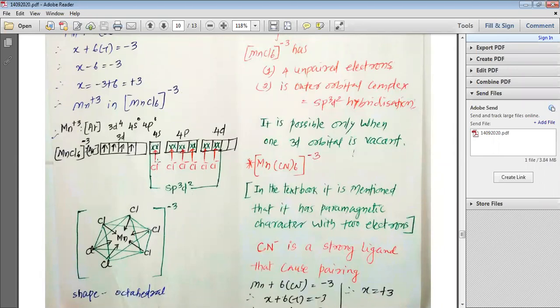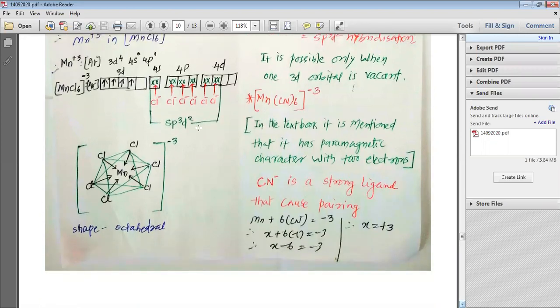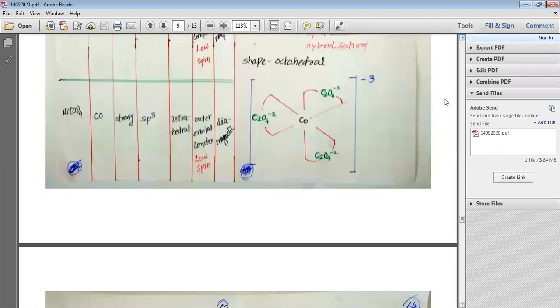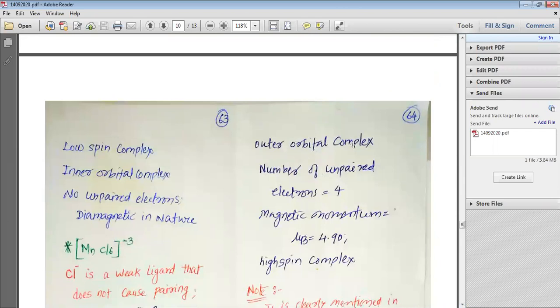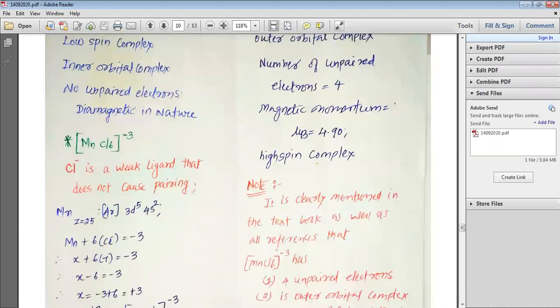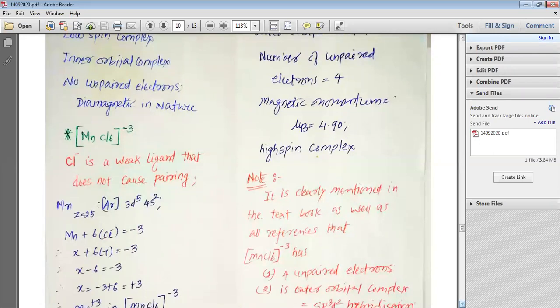In these 6 vacant orbitals of sp3d2 hybridization, 6 Cl- come and donate their electrons, and this is how the octahedral [MnCl6]3- has been prepared. These octahedral orbitals make the outer orbital complex, and the number of unpaired electrons is equal to 4. As the number of unpaired electrons is 4, the magnetic moment would be 4.90 Bohr magneton, and it is a high spin complex.